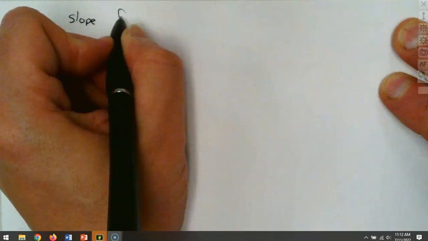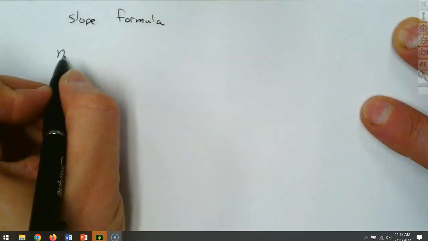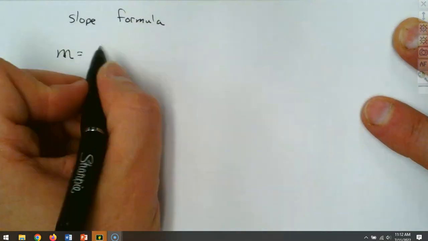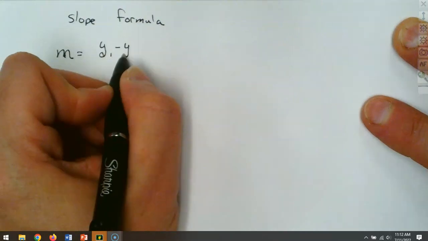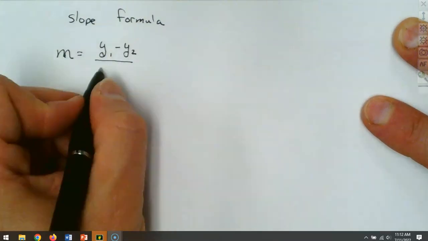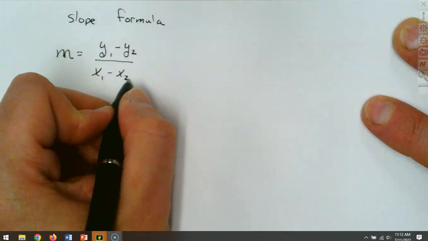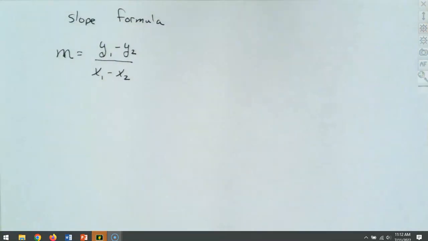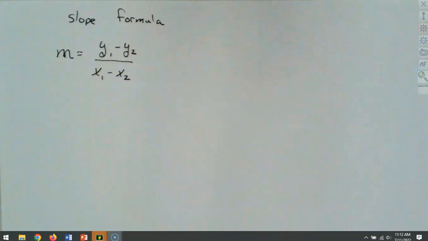So the slope formula is m equals y1 minus y2 over x1 minus x2. And I know the textbook has the y2 minus y1 and the x2 minus x1. They flip them around. I like it 1 and 2. I think it's easier for students to keep track of. So I'm just going to write it as 1 and 2.